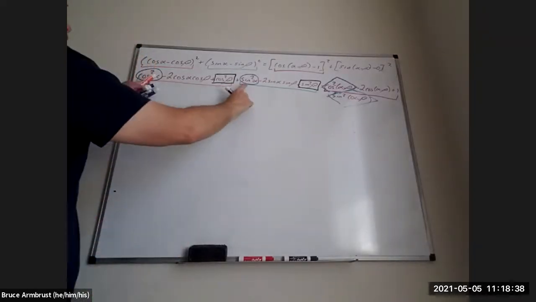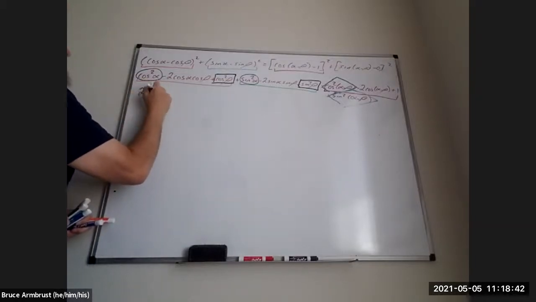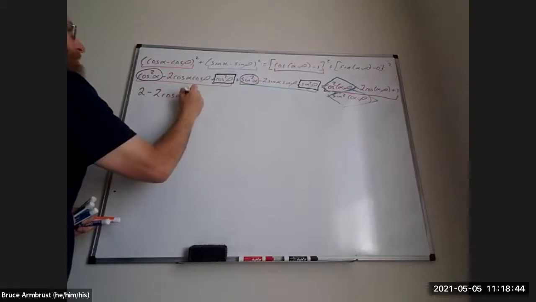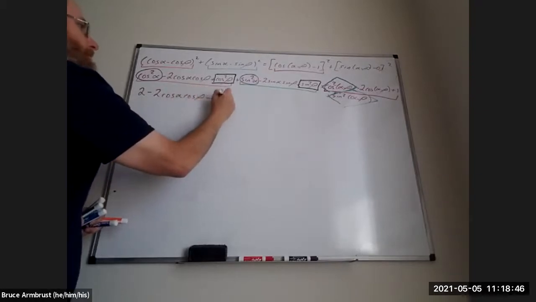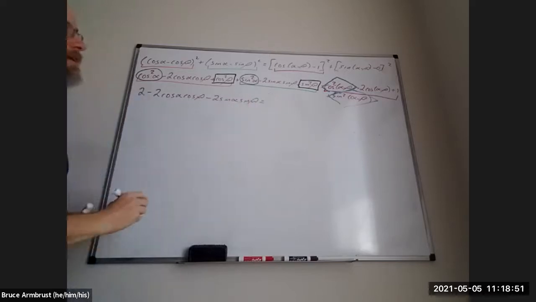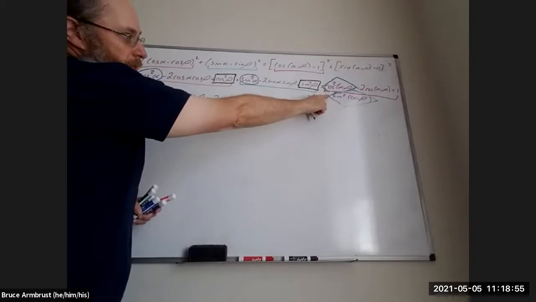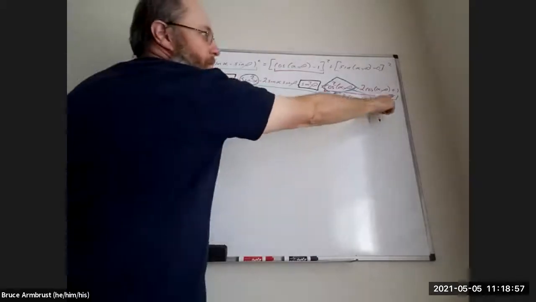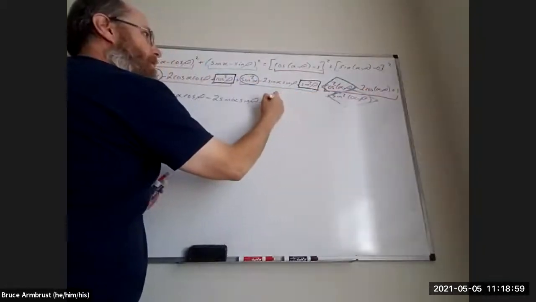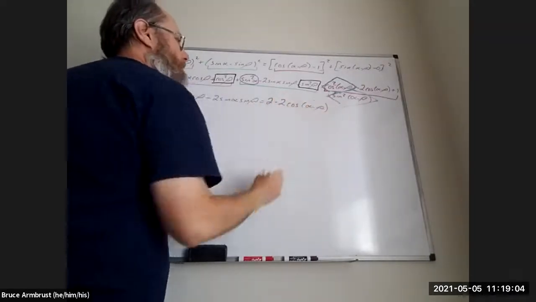We're going to get 1 plus 1, so that's 2, minus the 2 cosine alpha cosine beta, minus the 2 sine alpha sine beta. And then on the other side, those cosine squared and sine squared become a 1, plus another one is a 2, minus 2 cosine of alpha minus beta.